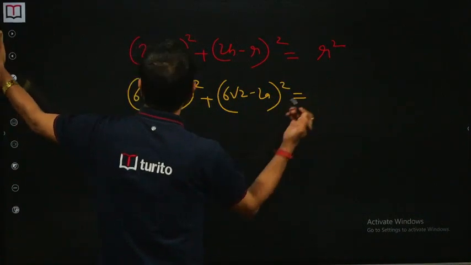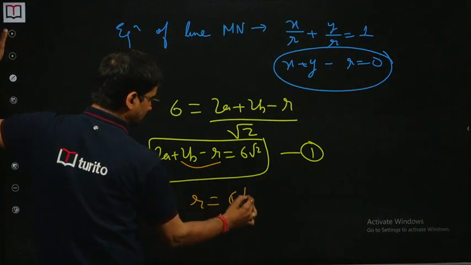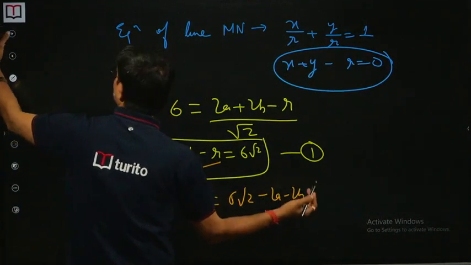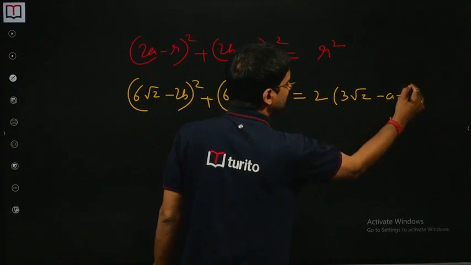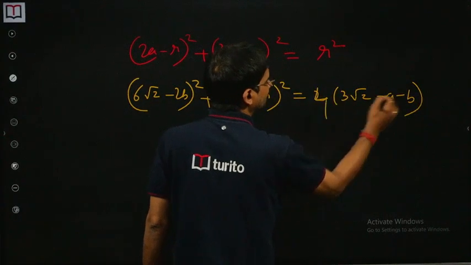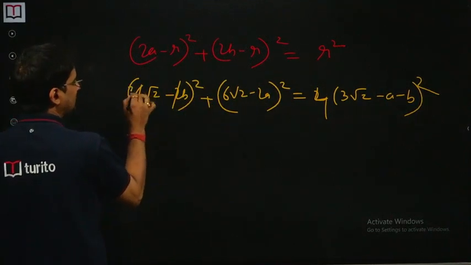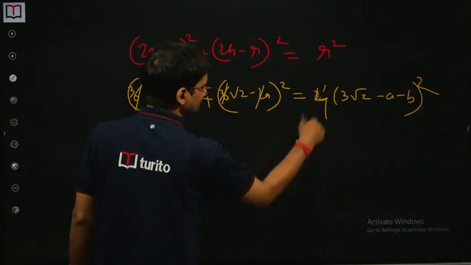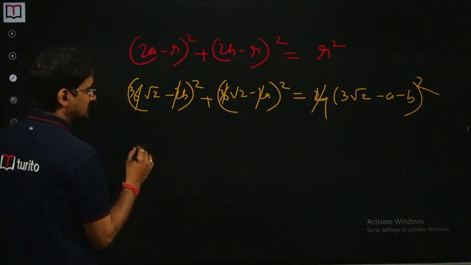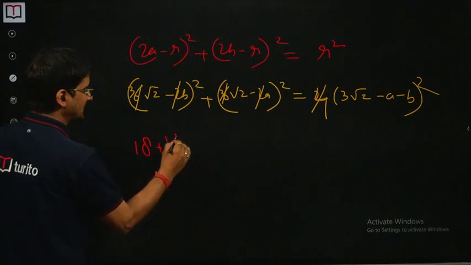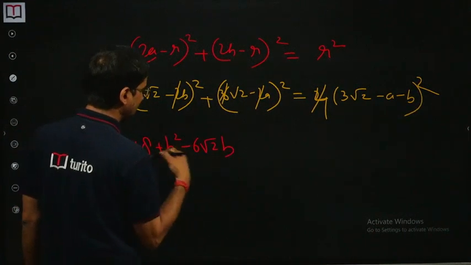And r square is how much? r is equal to 6 root 2 - 2a - 2b. So it's 2 common, 3 root 2 - a - b whole square. So that's 4 whole square, and then you can take 2 common from everywhere. Now if you square it, we get the answer. Let's try it quickly. 18 plus b square minus 6 root 2 b.